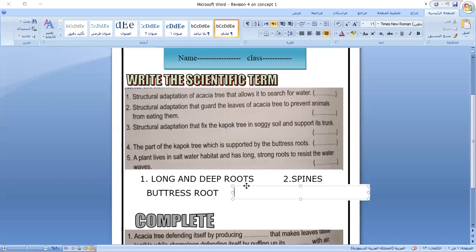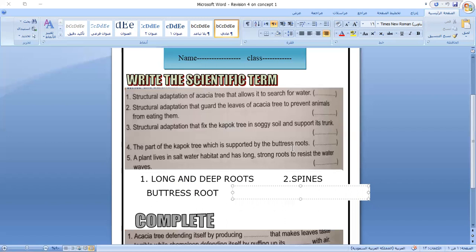Number 4, the part of kapok tree which is supported by the buttress root. You know the buttress root supports the plant, especially the trunk of the plant.